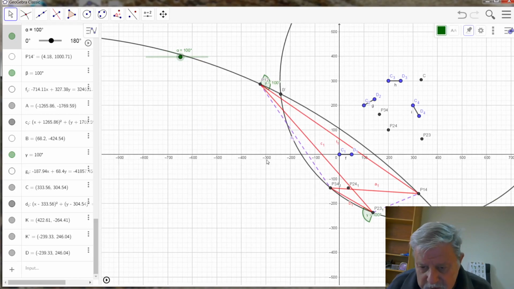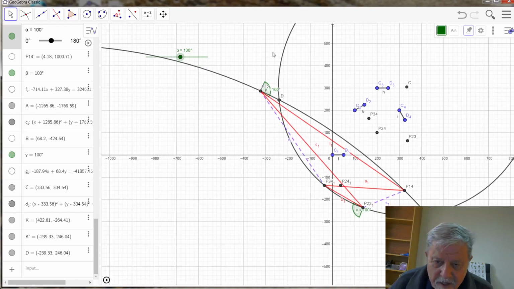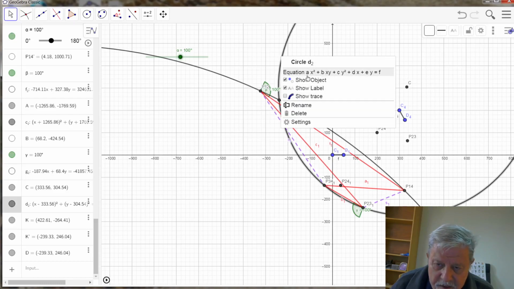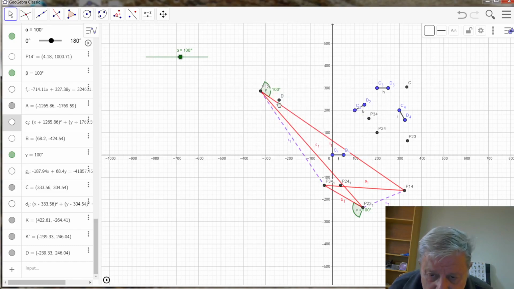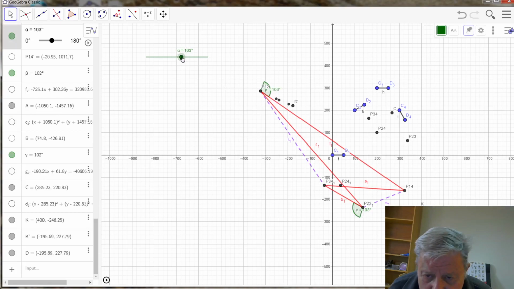Now what I will do is, I don't need these circles. I don't have to see these circles. But remember that those points are at the intersection of two circles. It has changed its name.